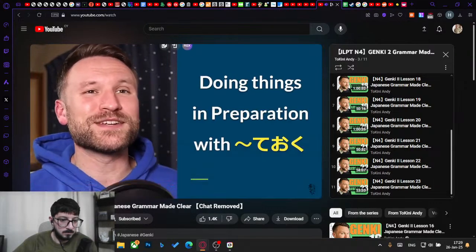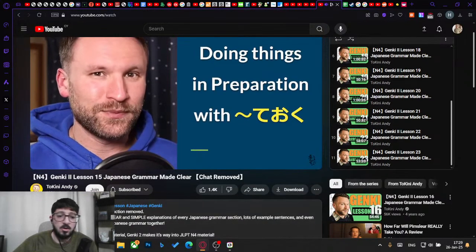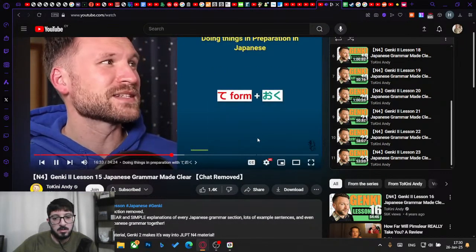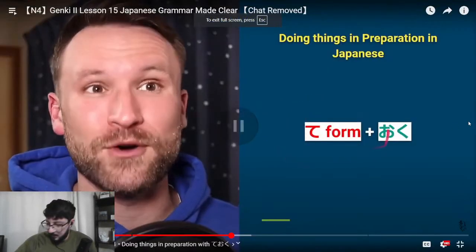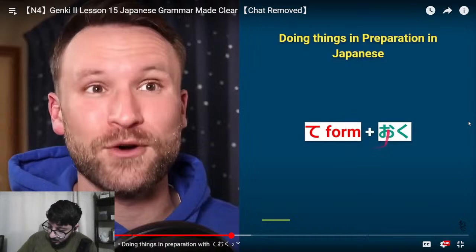Doing things in preparation with 手置く. 手置く, yeah, easy. To say you're doing something in preparation for something else, in Japanese, you just take the te form. Doing things in preparations for the future.